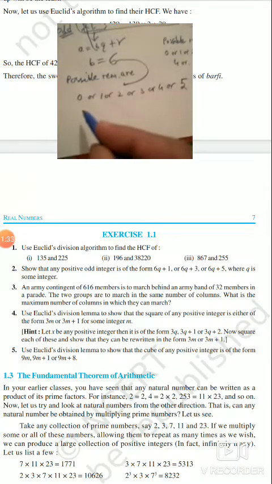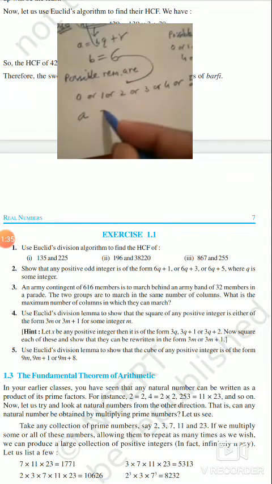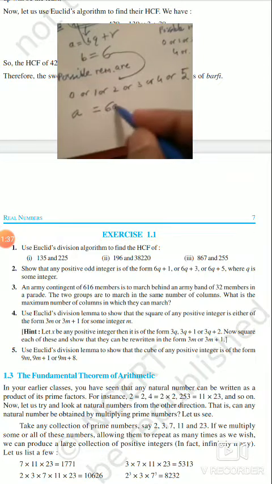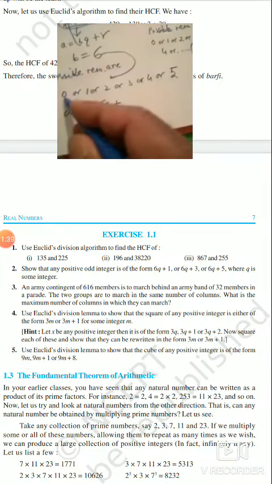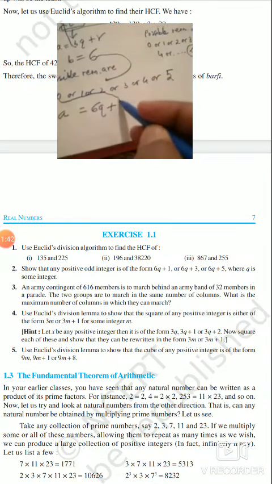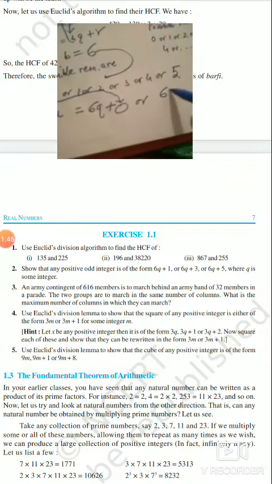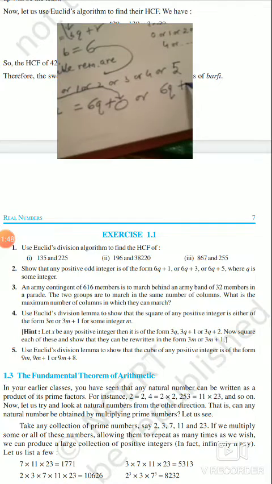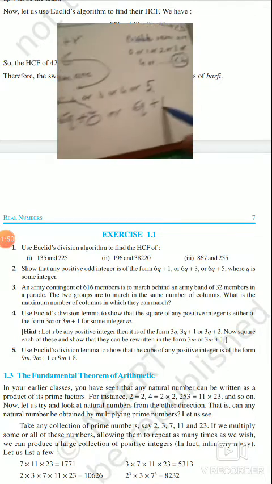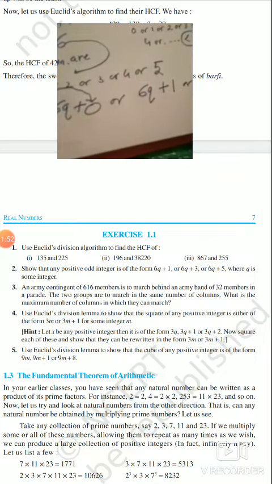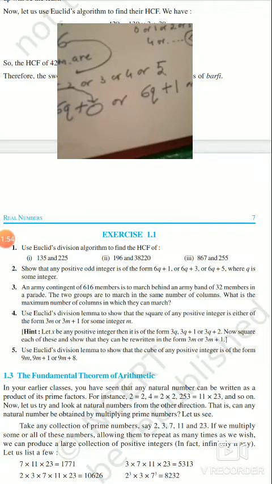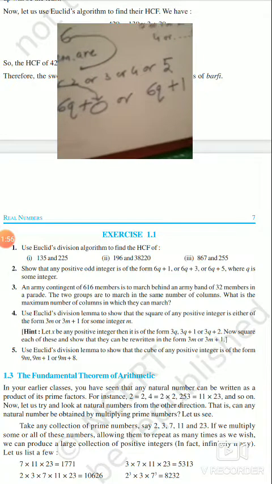Now A equals 6Q plus R. First R is 0, or BQ plus R. Second R is 1. Third R is 2.